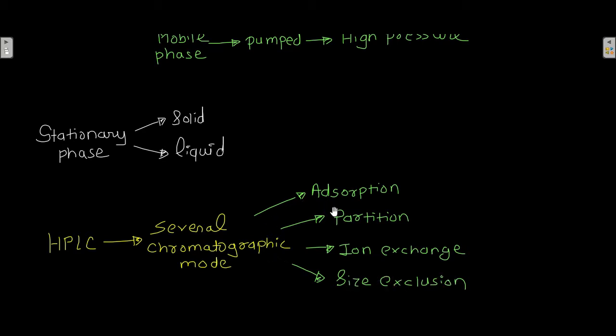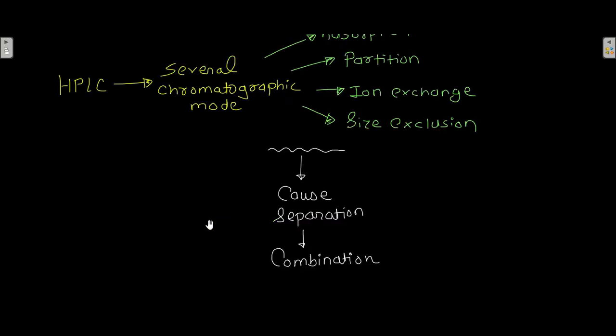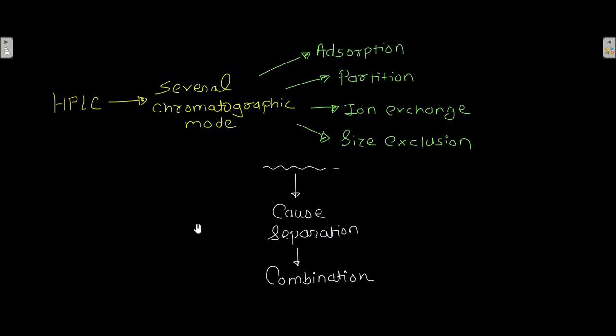Okay, but the highlighting thing about HPLC is that the liquid phase, the mobile phase, is pumped with the help of a pump at high pressure. And you can use these separation techniques, and you can use them in combination also, okay, during HPLC.